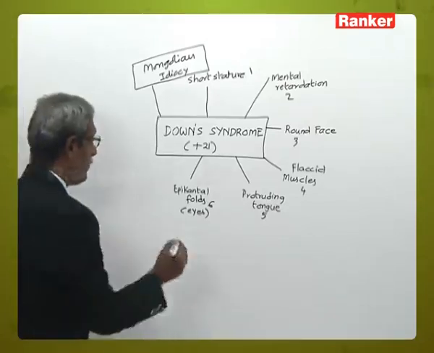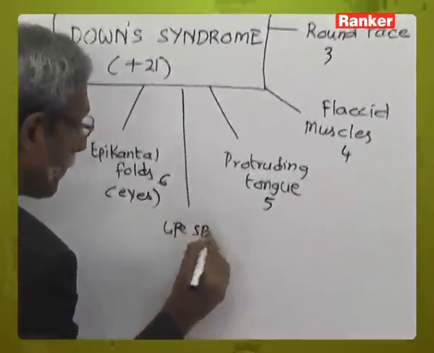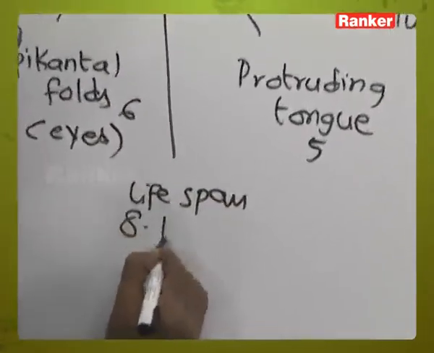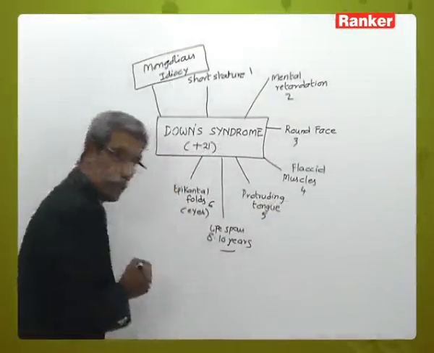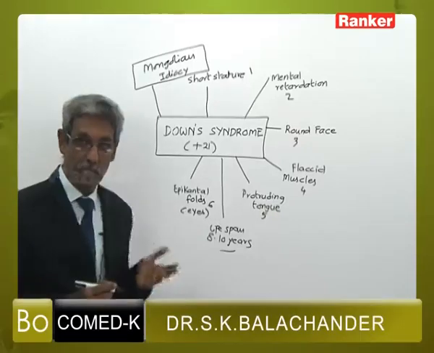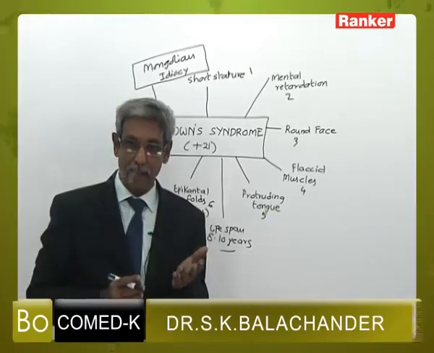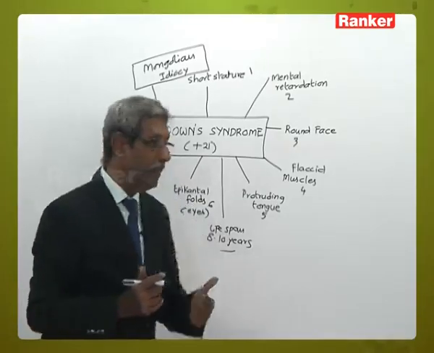The lifespan of the individual is 8 to 10 years. And the frequency of occurrence of Down syndrome with the mother is high, especially if the mother's age exceeds more than 35 years.